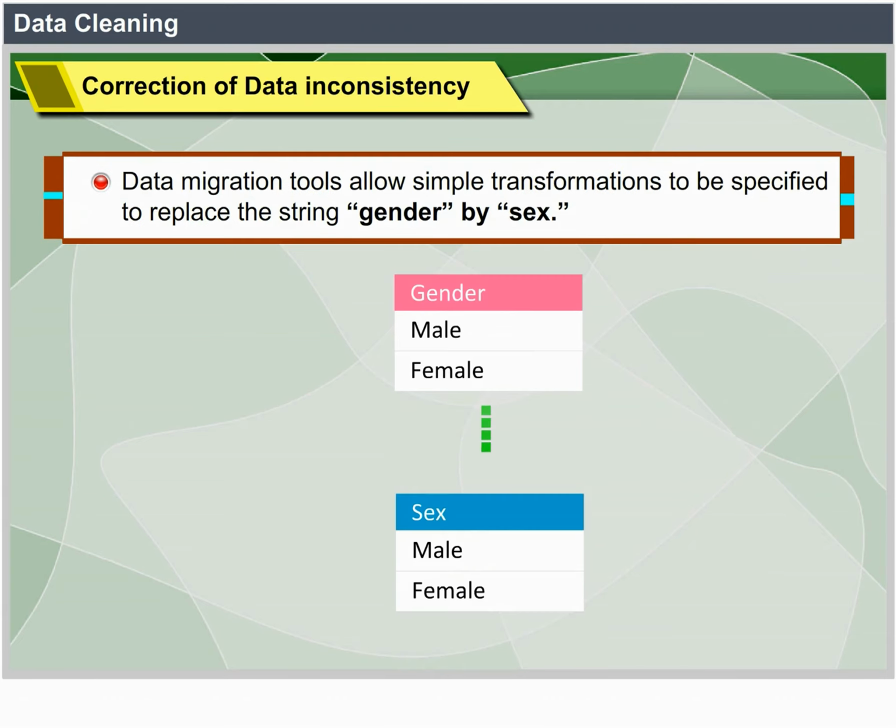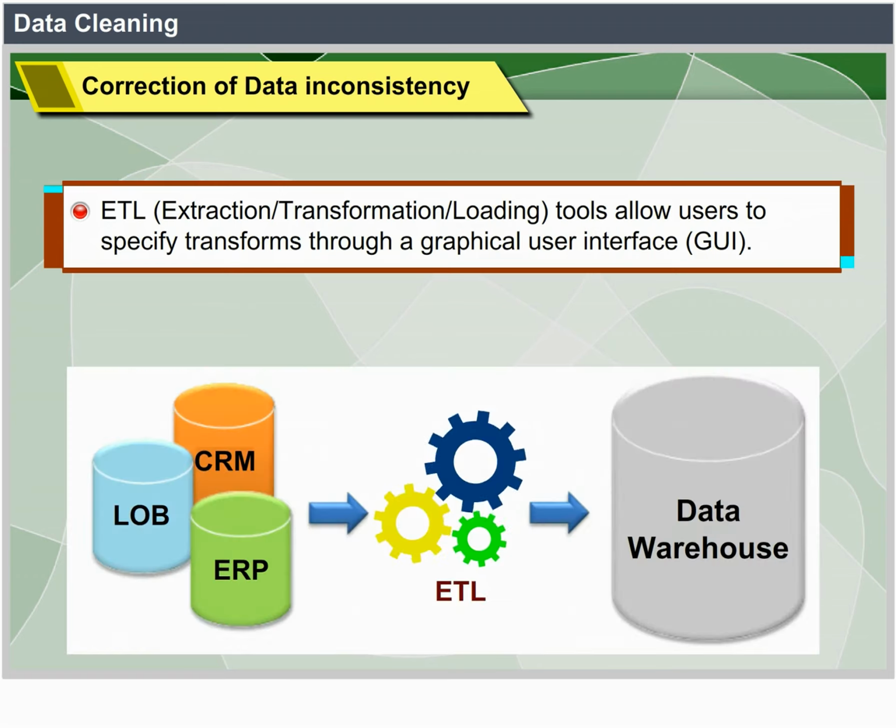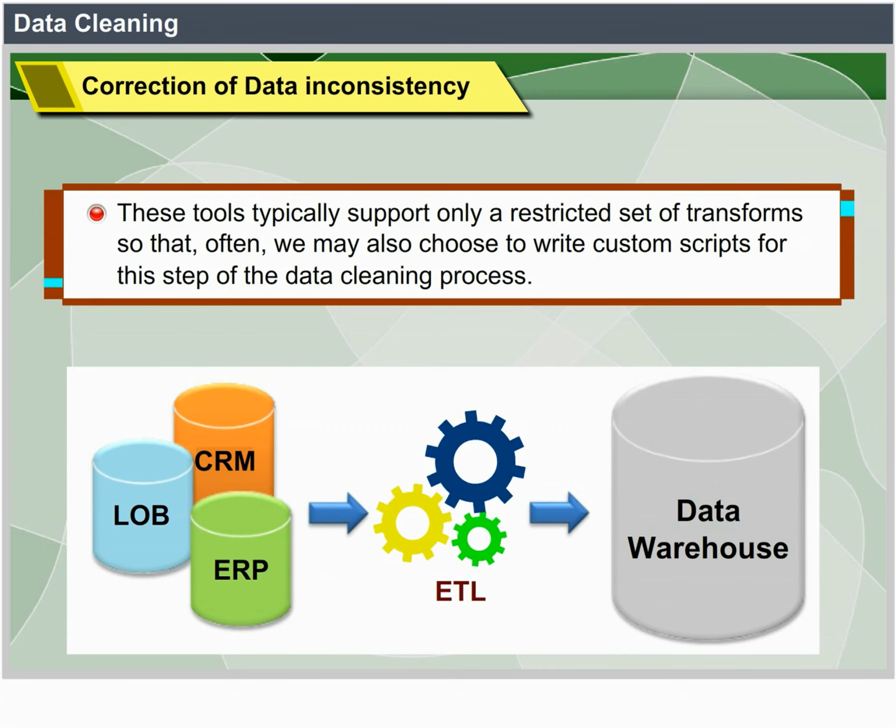Data migration tools allow simple transformations to be specified, such as to replace the string "gender" by "sex". ETL (extraction/transformation/loading) tools allow users to specify transforms through a graphical user interface (GUI). These tools typically support only a restricted set of transforms, so often we may also choose to write custom scripts for this step of the data cleaning process.